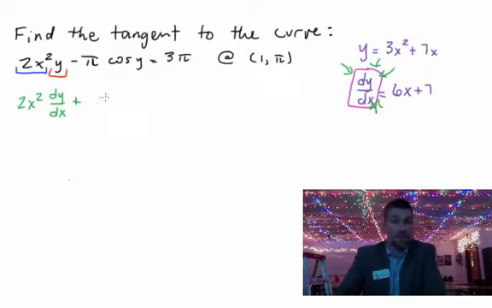plus the derivative of the first term, which is going to be 4x, times the second term, which is just y, minus, and then I've got pi times the derivative of cosine y. Well, the derivative of cosine is negative sine of y times the derivative of y.